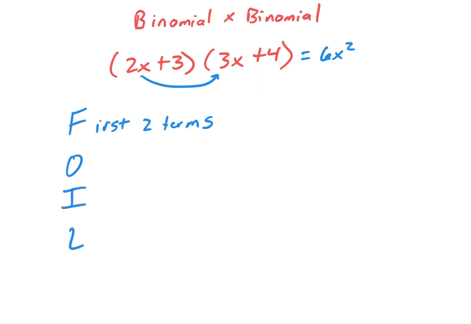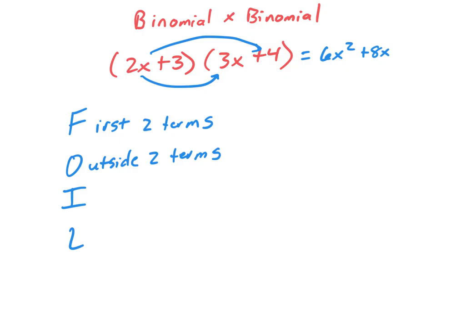Okay, the O stands for the outside two terms. 2x times 4 would be 8x.